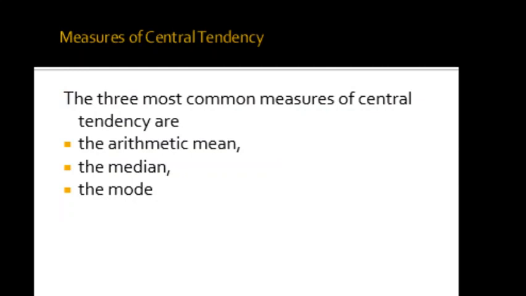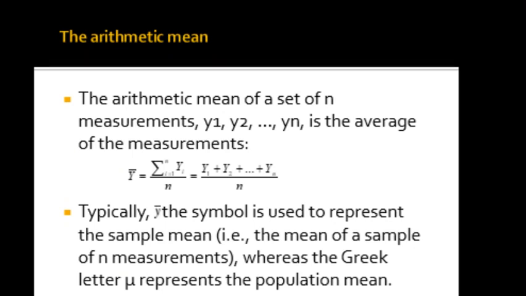For the measures of central tendencies, there are three most commonly used measures: the mean, the median, and the mode. So we'll look at how to calculate each one and how to use each one to describe the distribution. First, the arithmetic mean. It's simply the average of the measurements denoted by Y bar.